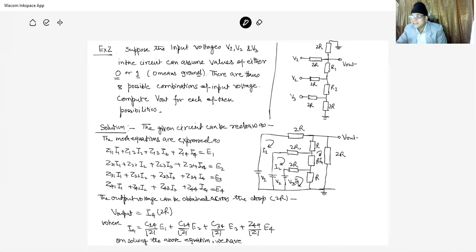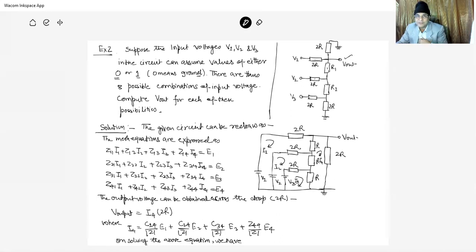So this one is the network given. You see the network: this is ground, 0, and here it is ground, 0. So this impedance is 2R, 2R, 2R, 2R, and here it is R, R, and here it is 2R. So this kind of network is given, and in this network we have to find the output voltage. This is a special kind of numerical problem.